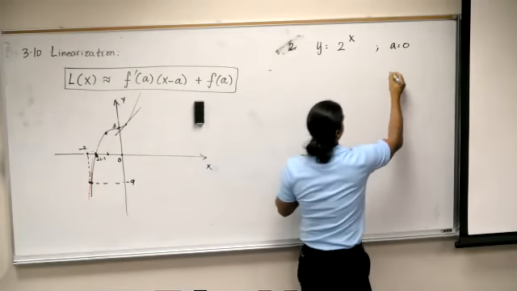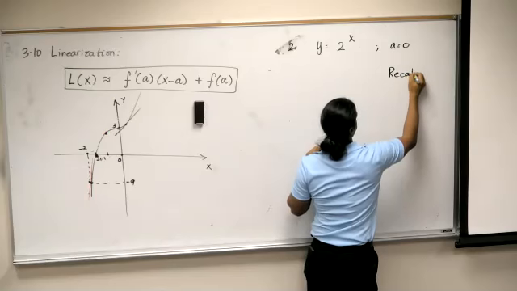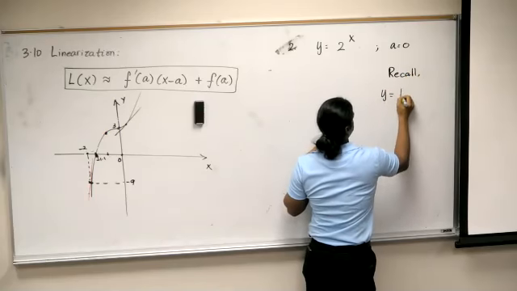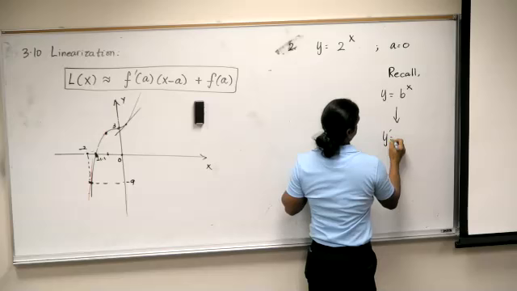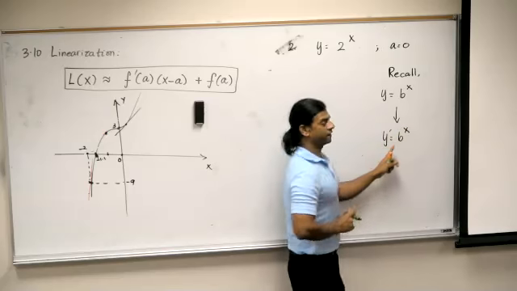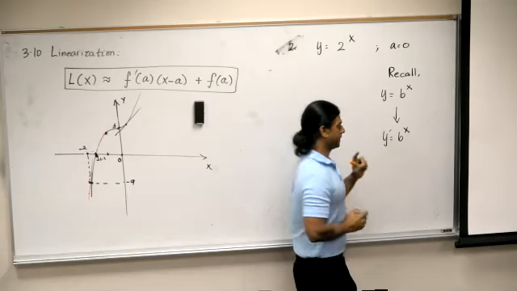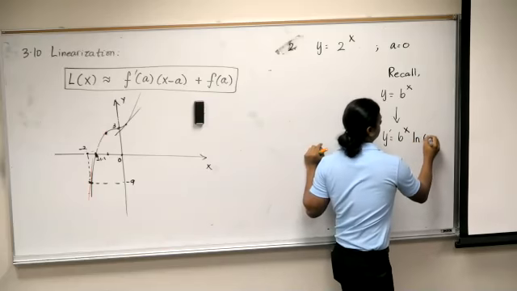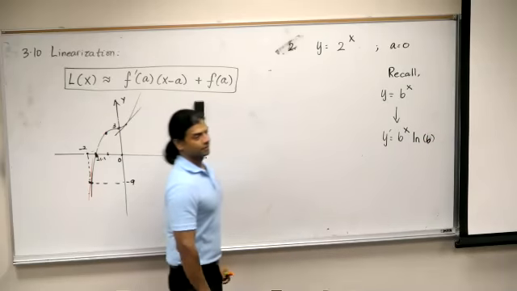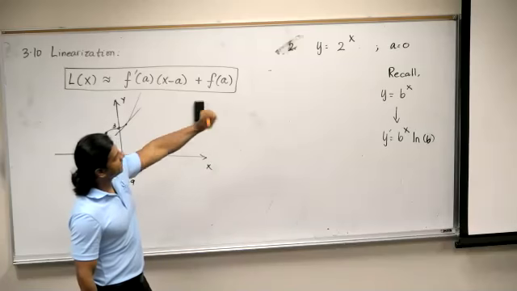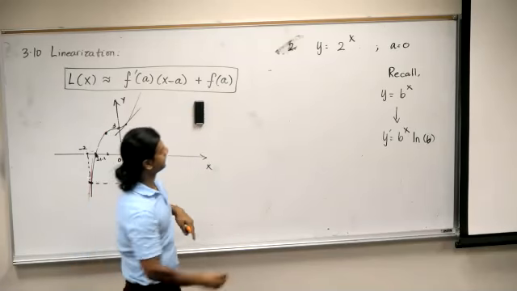If you recall, we found the derivative of b raised x, which was simply b raised x multiplied by ln of b. In our case, we have b to be 2.